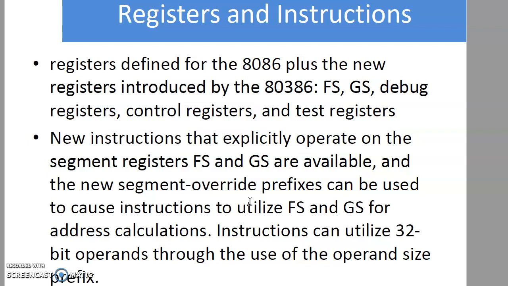So basically FS and GS are also available in virtual 8086 mode along with the other segment registers which are also available in 8086, like CS, DS, SS, ES. So the basic segment registers plus FS and GS are available. FS and GS are the new segment registers introduced in 80386.